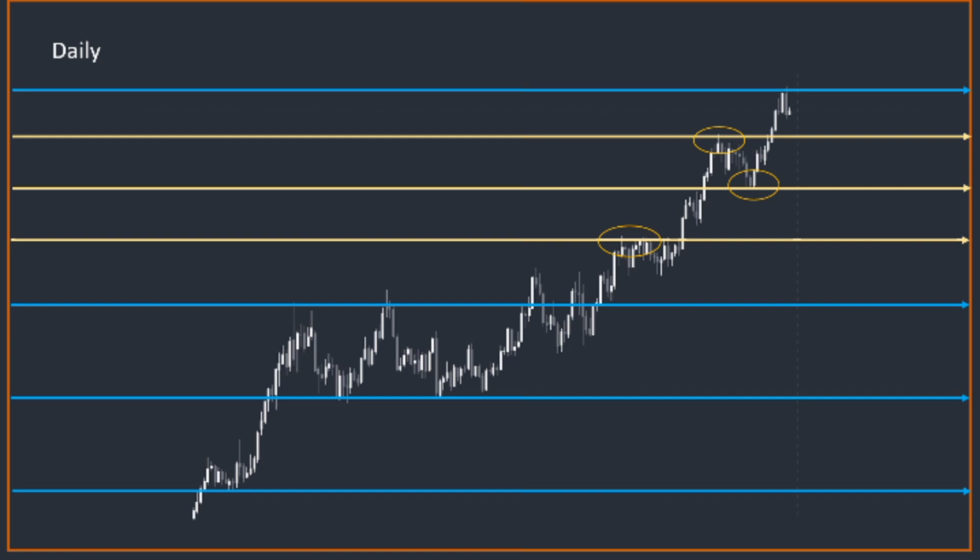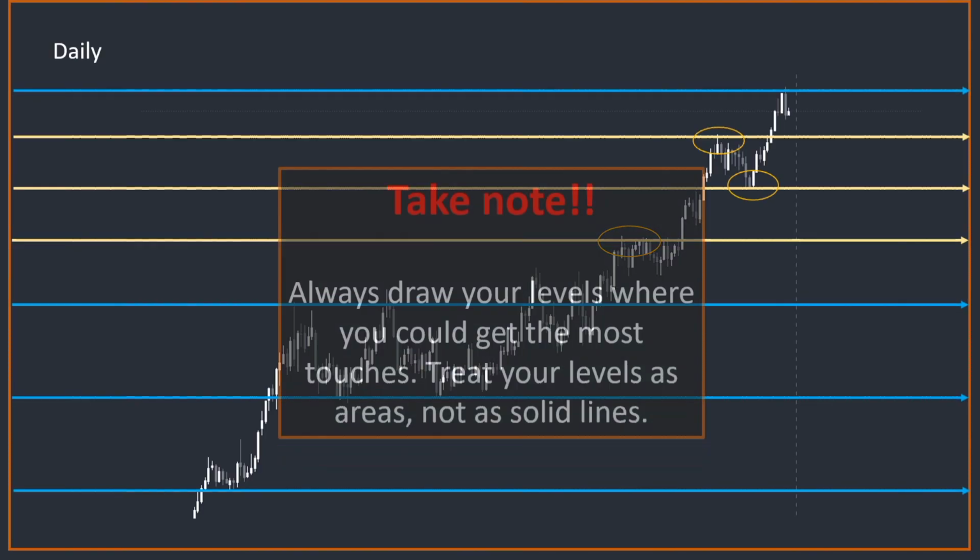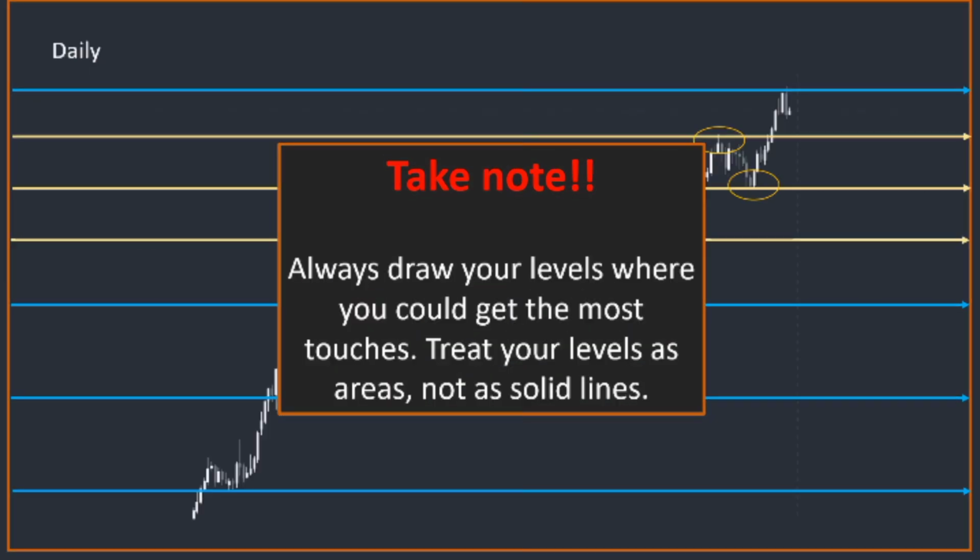Here is something that you need to take note of. Always draw your levels where you could get the most touches. Then again, one of the most important things to note is that you need to treat your levels as areas, not as solid lines.